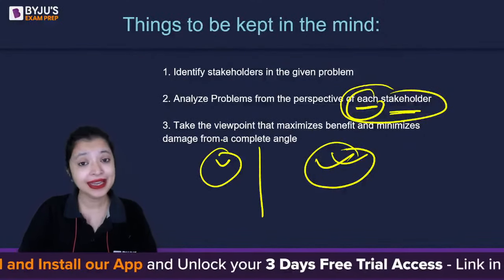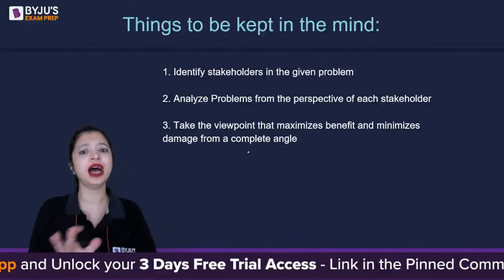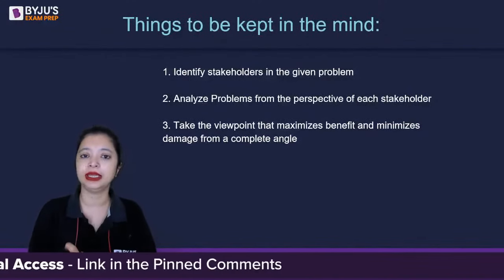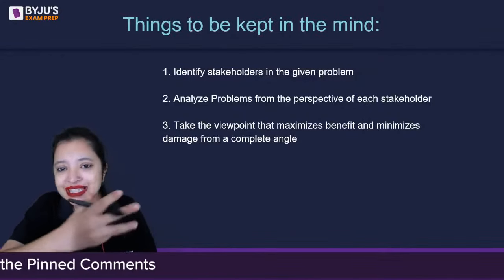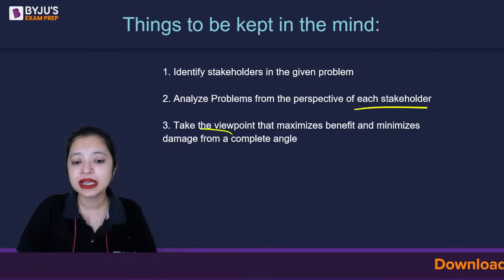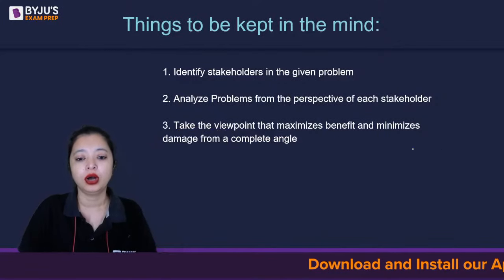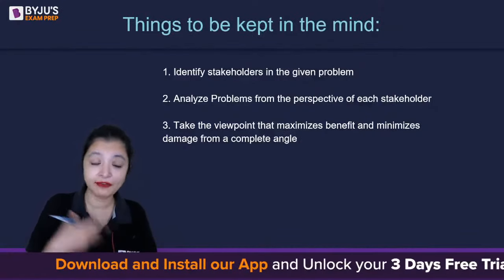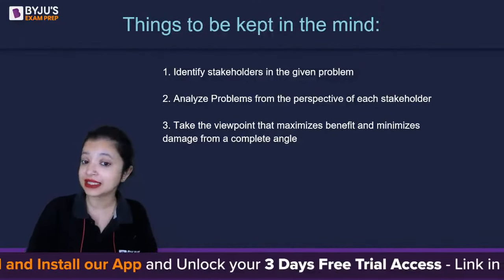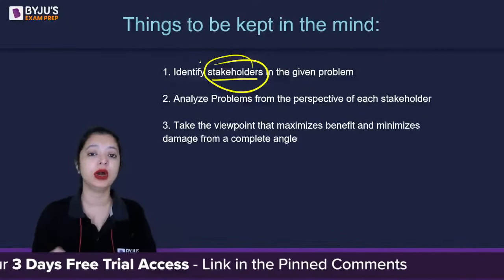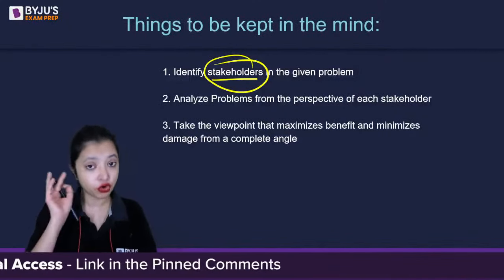No. Any decision that is to be taken, imagine आप एक जज हैं, आपको एक डिसीजन लेना है, आप वो डिसीजन लेंगे जो मैक्सिमम लोगों को बेनिफिट करेगा और कम से कम लोगों को नुकसान पहुंचाएगा. और किसको बेनिफिट करेगा, किसको नुकसान पहुंचाएगा, ये समझने के लिए आपको उस प्रॉब्लम के स्टेकहोल्डर्स को आइडेंटिफाई करना पड़ता है.